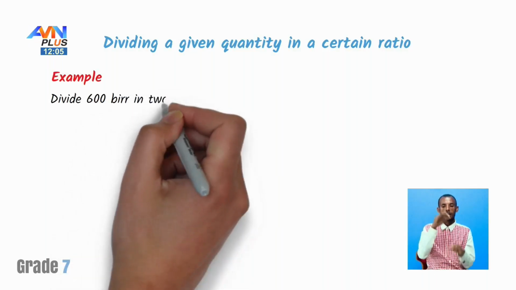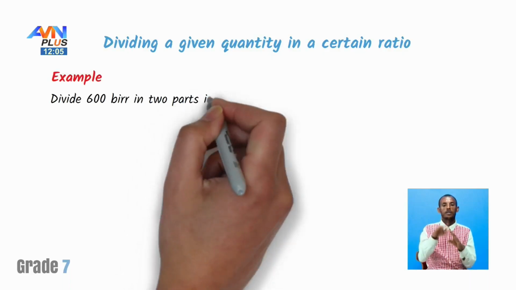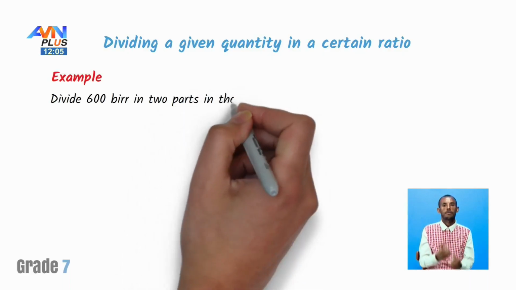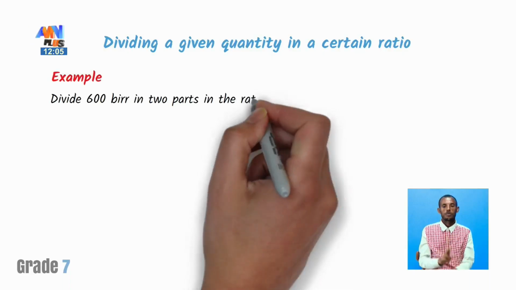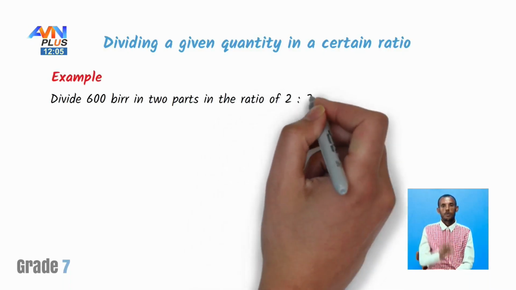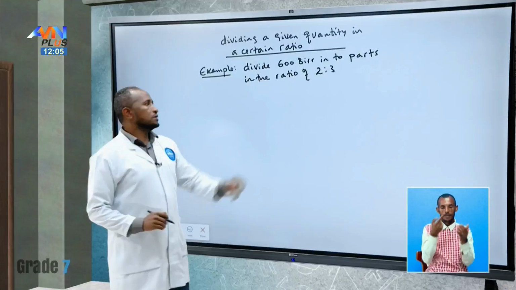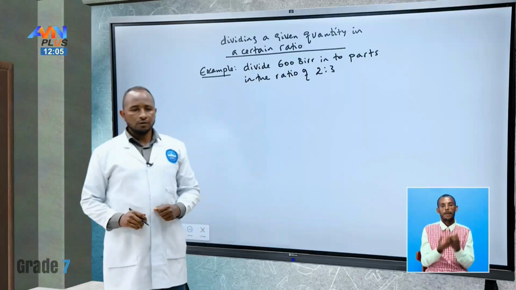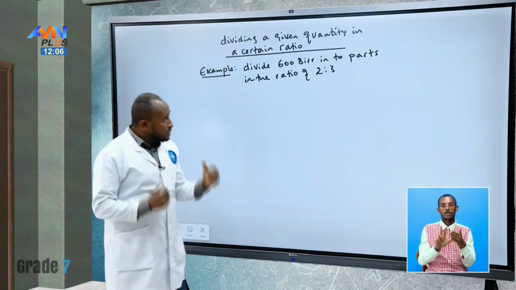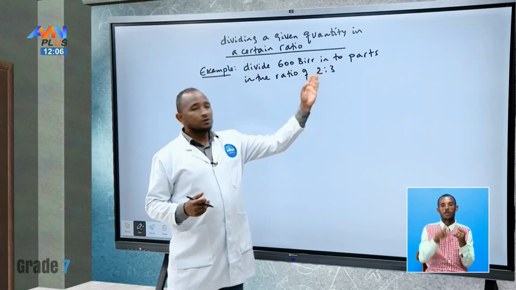into parts, in the ratio of 2:3. So I have to divide this into 2 parts in this ratio. So here, the ratio of the quantities, in its simplest form, is 2:3.